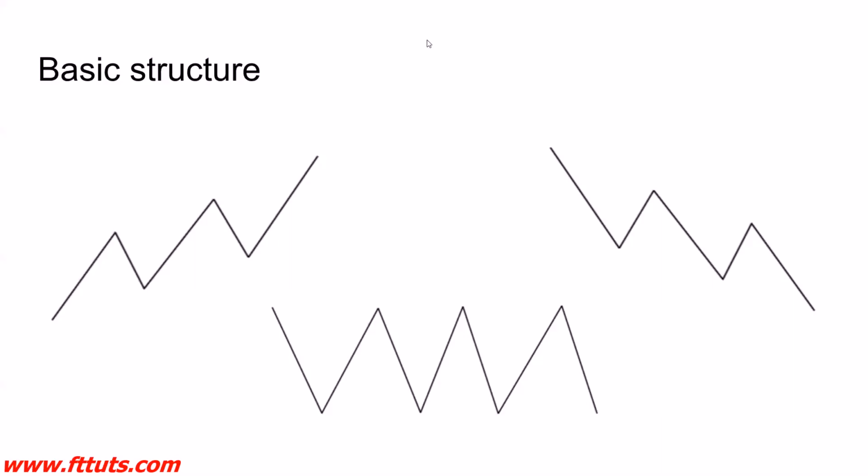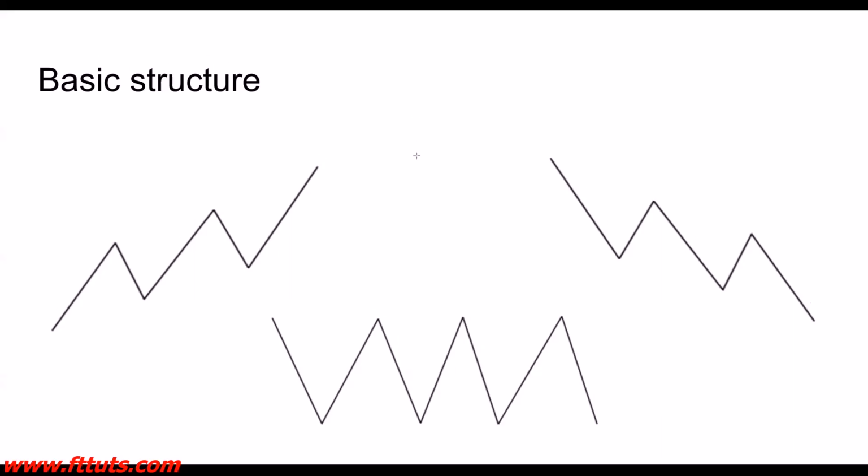So looking at what you see in front of us, most people will know this structure as an uptrend. Most people would know this structure as a downtrend. And most people will know this structure as a consolidation or a range in market. So just a very simple question for you guys.